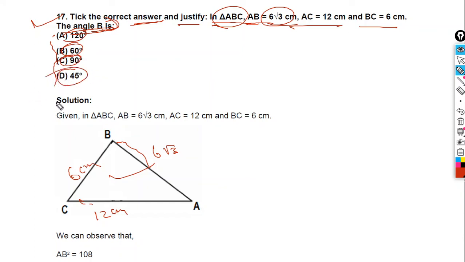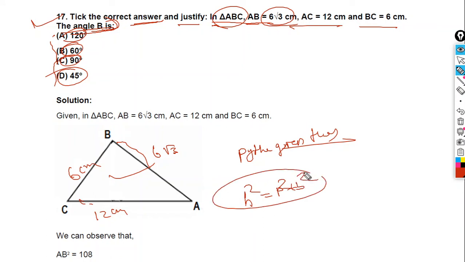First of all, let's see whether it is fitting into the form of Pythagoras theorem or not. So what is Pythagoras theorem? Pythagoras theorem says h square equal to p square plus b square. We don't know who is h, who is p, who is b here. We will assume that this is the h.